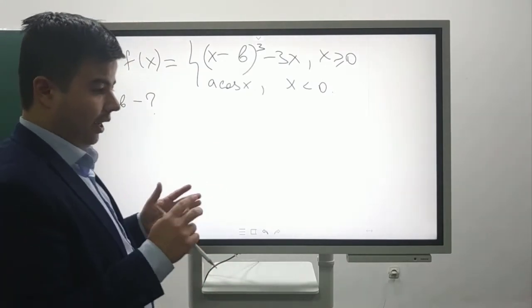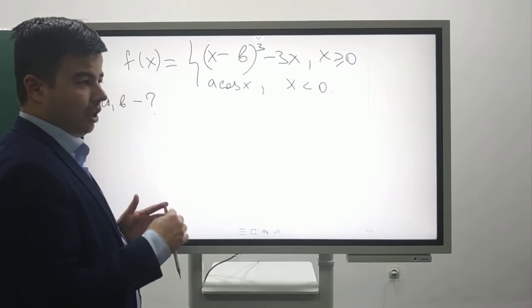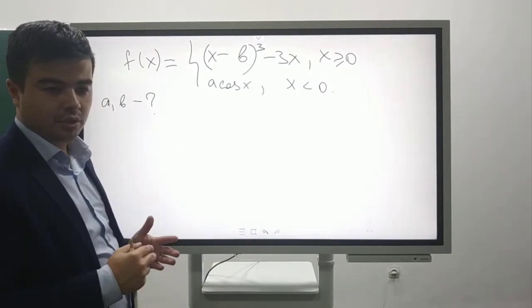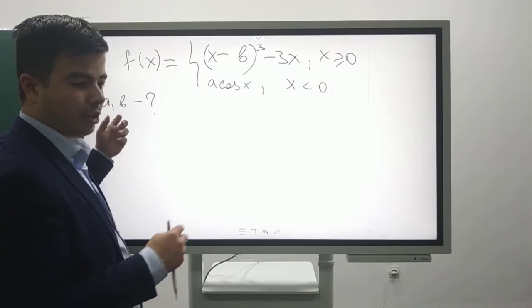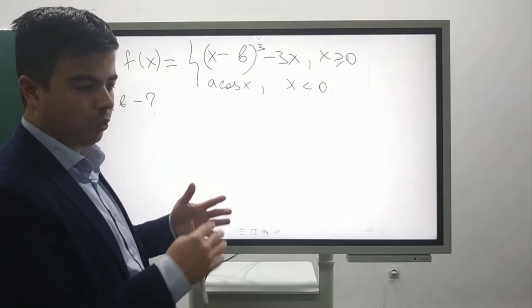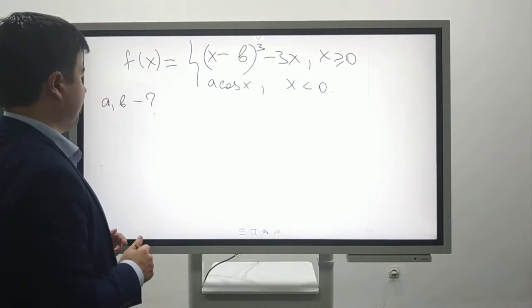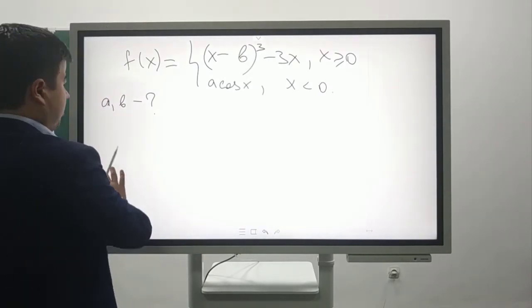So we have two conditions, and from these conditions we get two equations, with which we can find the parameters a and b. If we have two equations and two parameters, we can find these unknown parameters a and b.